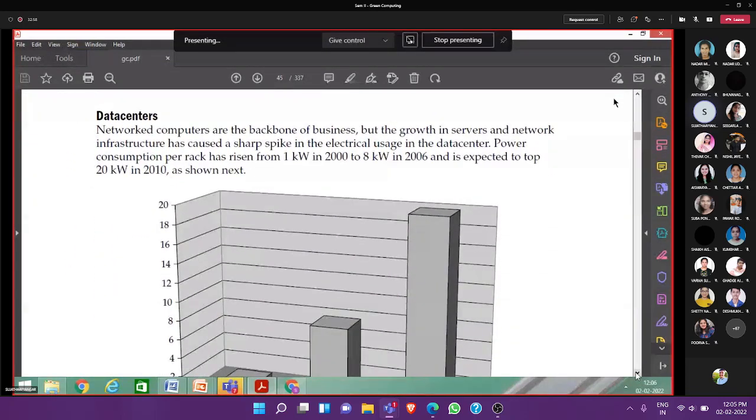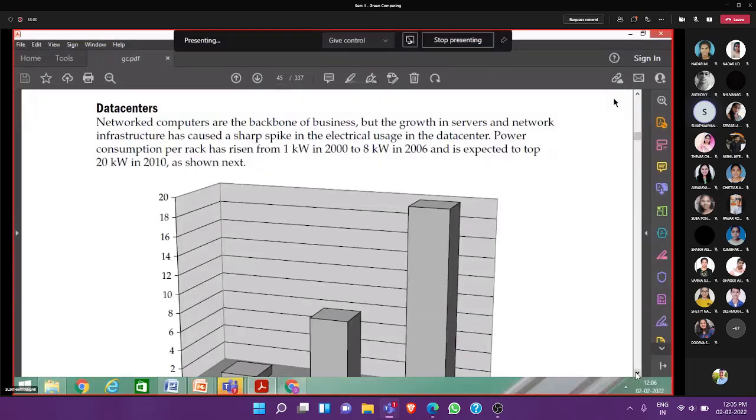Next, data centers. Networked computers are the backbone of business, but the growth in servers and network infrastructure has caused a sharp spike in the electrical usage in the data center. See, previously, last semester you would have studied LAN, WAN, everything. Only a single computer was there. Later on, they brought this networking concept.